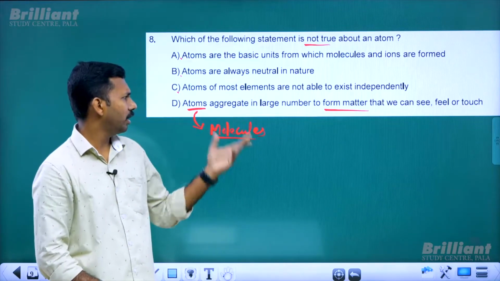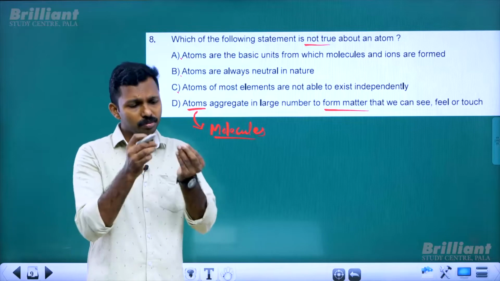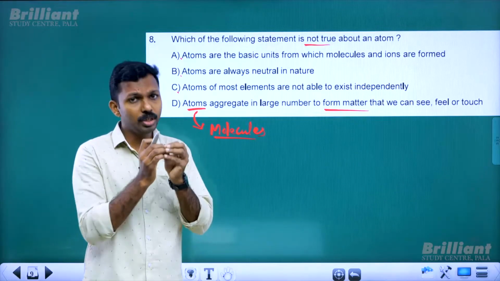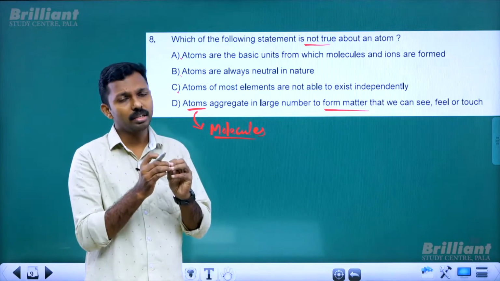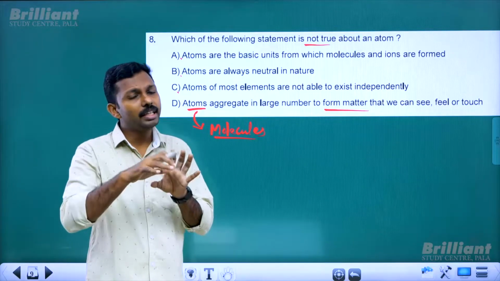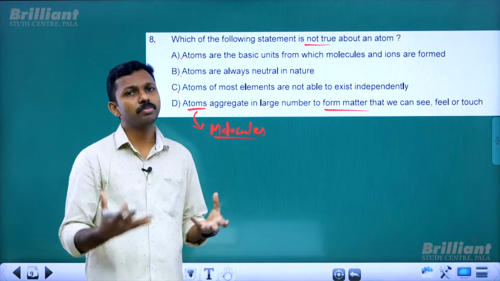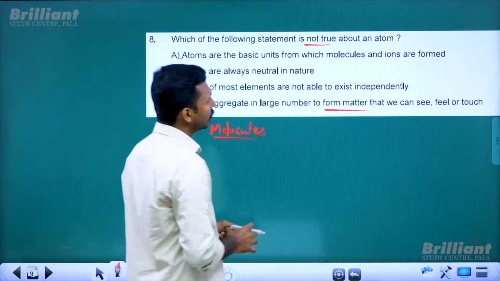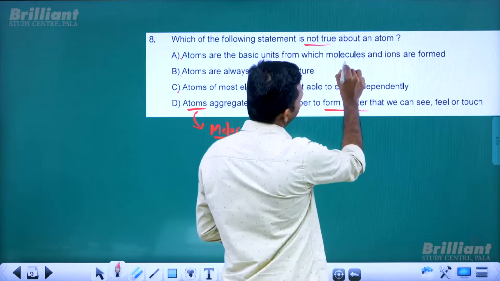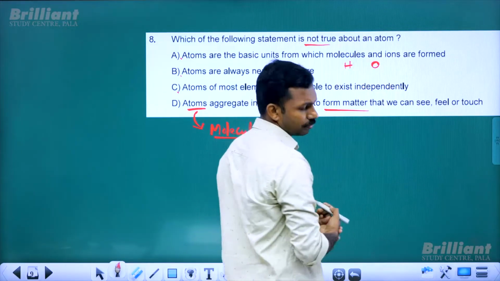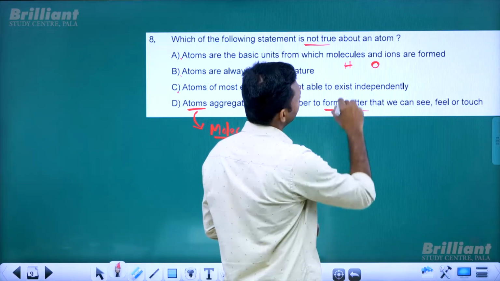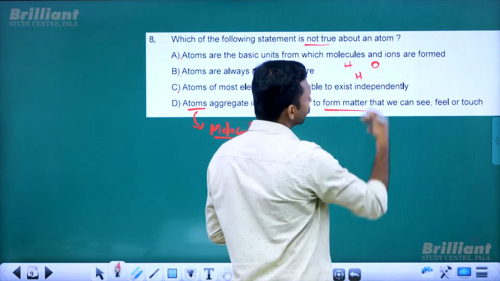Atoms will not aggregate in large number. Atoms will combine together. 2 or 3 or 4 atoms may combine together through chemical bonding and form molecules. And then a large number of molecules, for example, water molecules. Suppose I am asking you, if you are doubtful, hydrogen and oxygen are 2 elements. 2 hydrogen atoms and 1 oxygen I am taking.